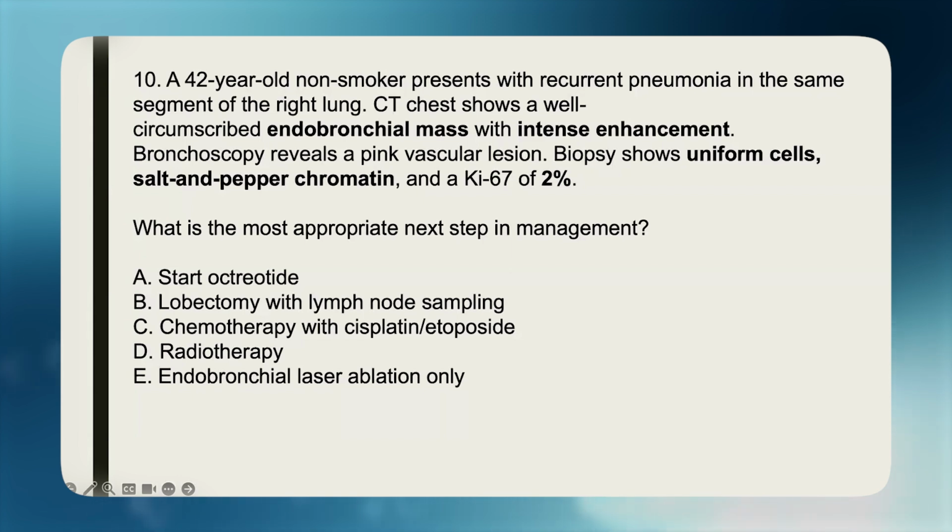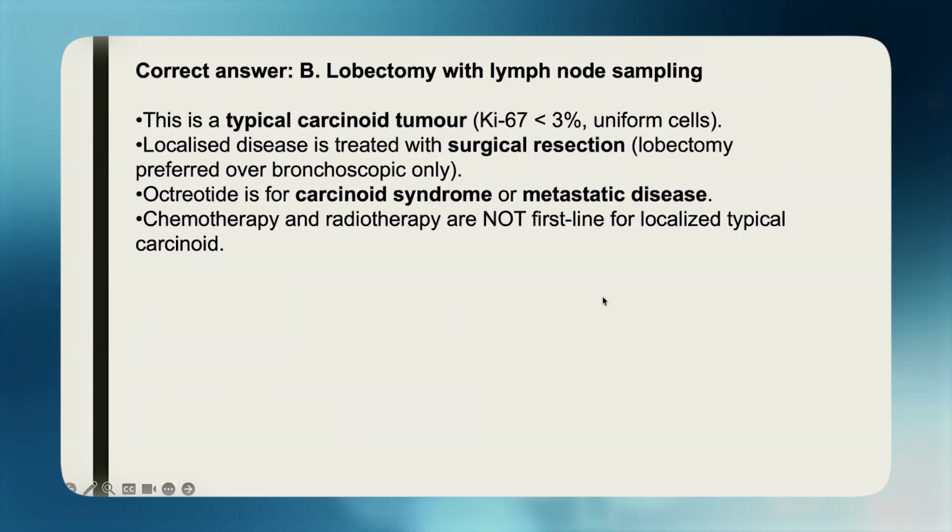Is it our typical cancer, lung cancer? B. Lobectomy with lymph node sampling. What is the diagnosis here? Okay, so it is a typical carcinoid tumor.